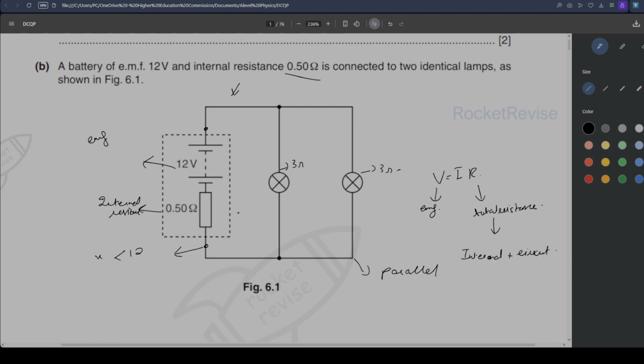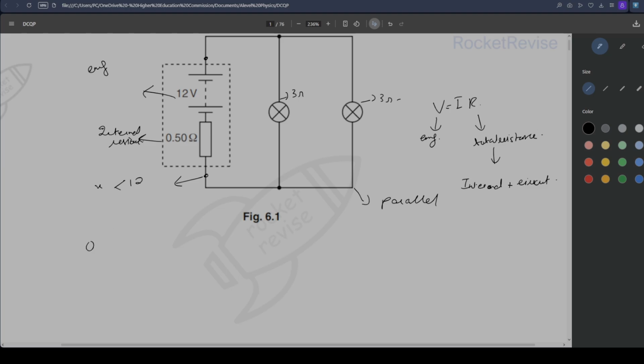So our internal resistance is 0.5 ohms, and our lamps are connected in parallel. So if we calculate the resistance of the lamps, that's going to be 1 divided by R is equal to 1 divided by 3 plus 1 divided by 3.